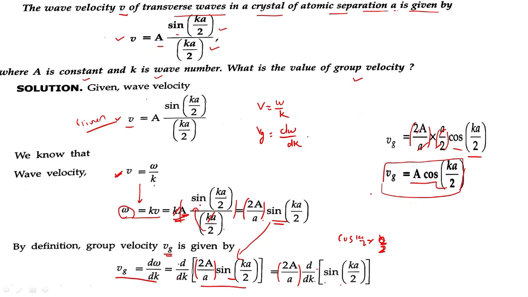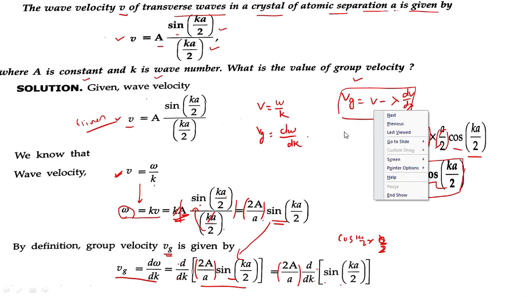There are many questions that use this formula or another formula, already discussed in the previous question. Vg is equal to v minus lambda dv by d lambda. This is also known as the relation between group velocity and phase velocity or wave velocity. If v is given, then you have to find vg.